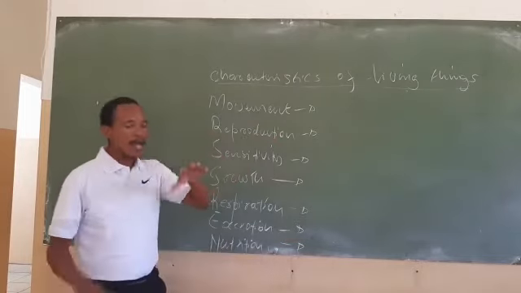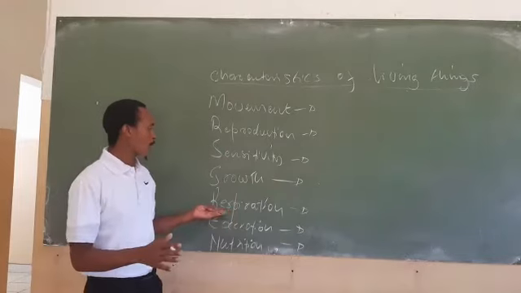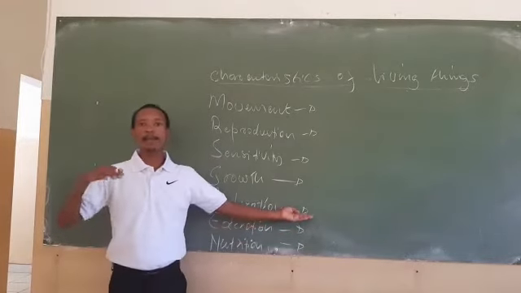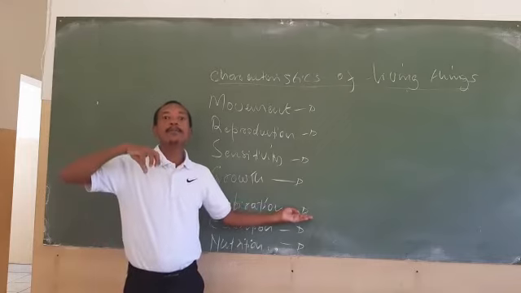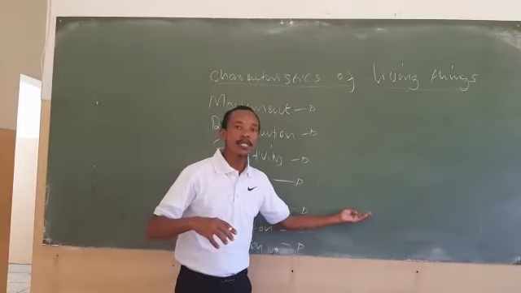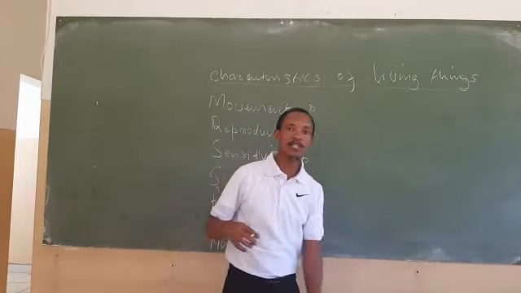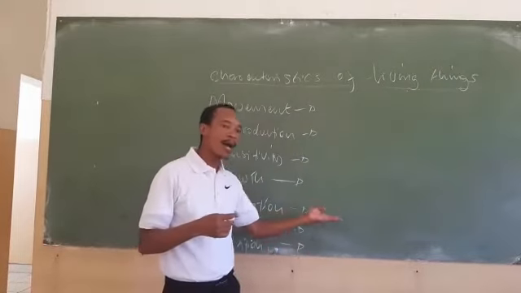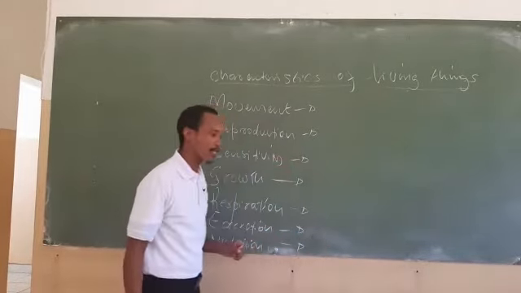Okay, then for any work to be done, you need an energy input. Therefore, respiration is actually the breaking down of nutrients within the body system for the production or release of energy in form of ATP, adenosine triphosphate, in the mitochondria of the cell, every cell in your body system.